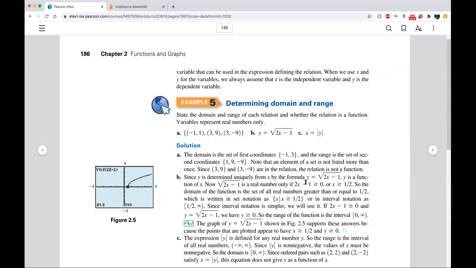Okay, so throughout chapter 2, we only deal with the set of real numbers. Okay, we don't deal with complex numbers. Keep in mind this. So example 5. Okay, so A, B, C. Okay, A is the set of ordered pairs given, and B and C are equations. So in B and C equations are given, right?